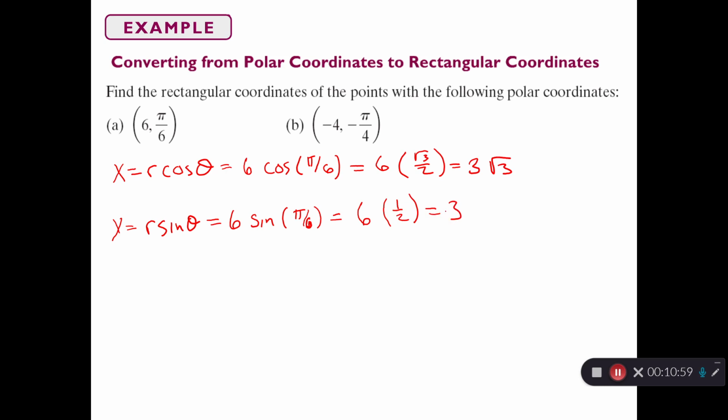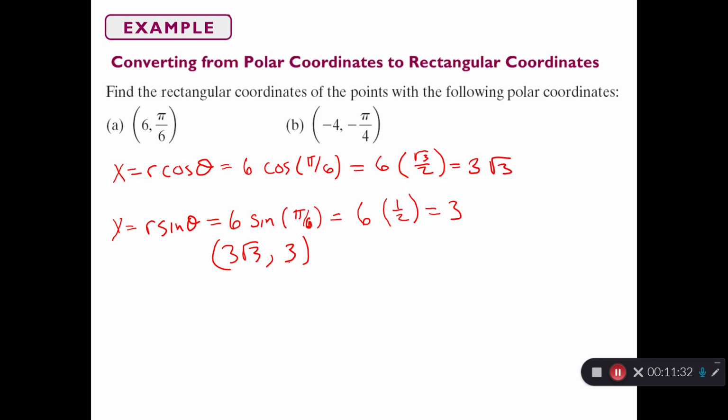So the conversion from 6 comma pi over 6 to rectangular coordinates would be 3 radical 3 comma 3. And I always say the best way to do this is to check the quadrant that you're in. 6 comma pi over 6 would be in the first quadrant. 3 radical 3 comma 3, since they're both positive, would be in the first quadrant. Not to say it's a guarantee that you're right, but it is a strong indicator that you've done some good work.